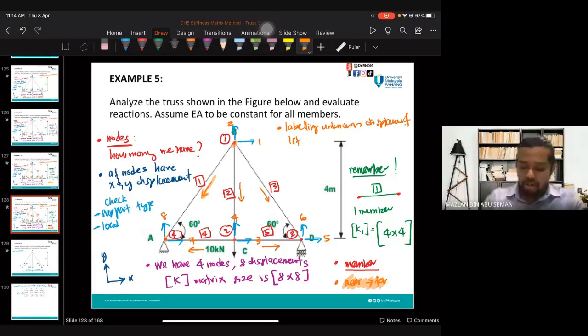Between node 1 and node 2, this is the near far direction. Between node 1 and node 3, this is the near far direction. And between node 4 and 5, node 2 to 3, this is near far. Between 2 and 4, this is the near to far direction.